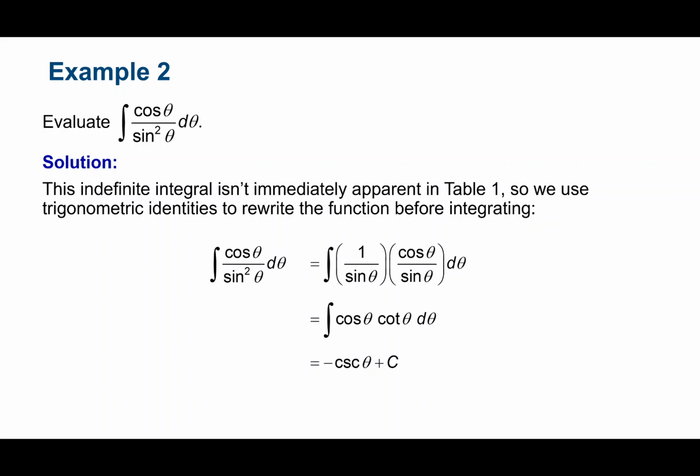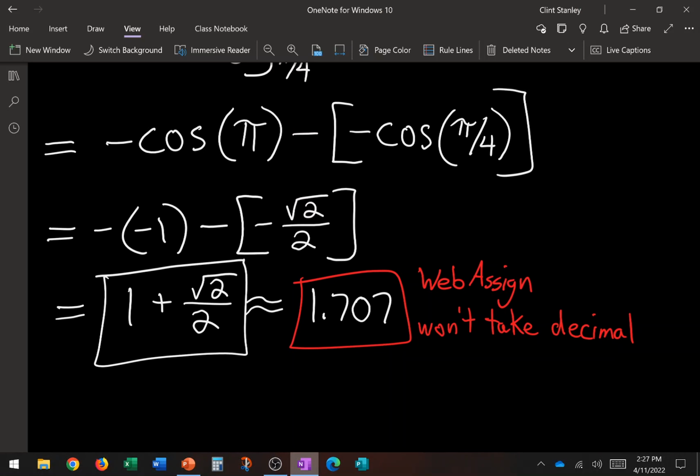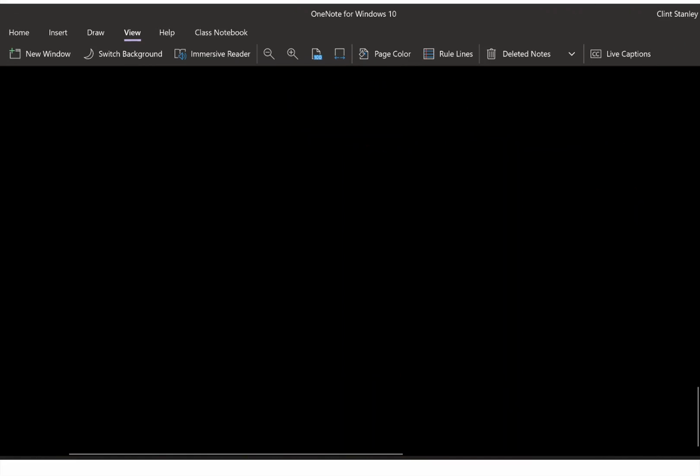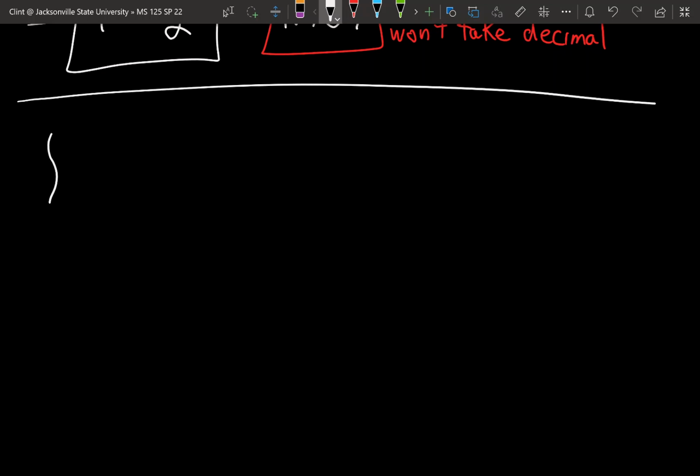And then look at this one. This is another good example because we've got some work we've got to do on it before we can find the antiderivative. So let's go back over to our scratch paper. So the one it gave us there is this.